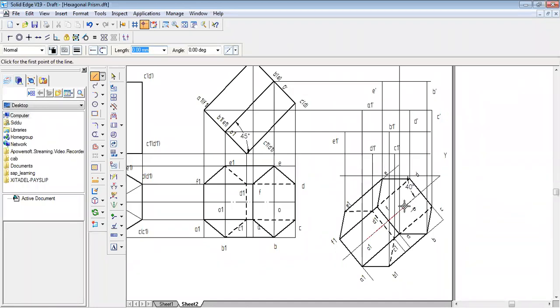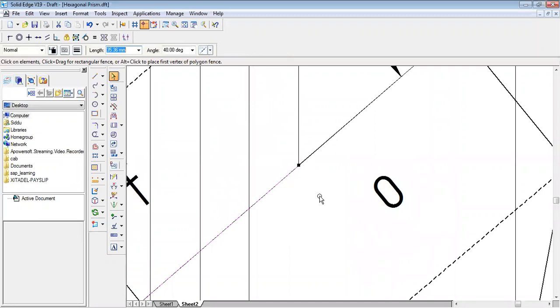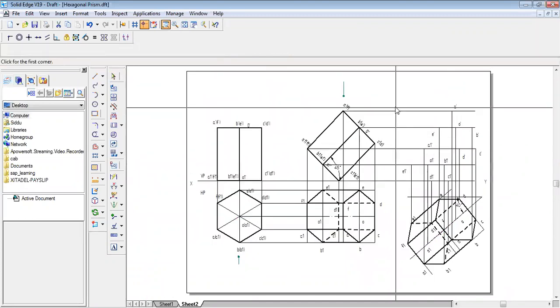So now what is left is O and O1. So this is your point O. O is exactly here. O1 is here. O1 dash and O dash, right? Okay, it's done. So now all the points have been identified.